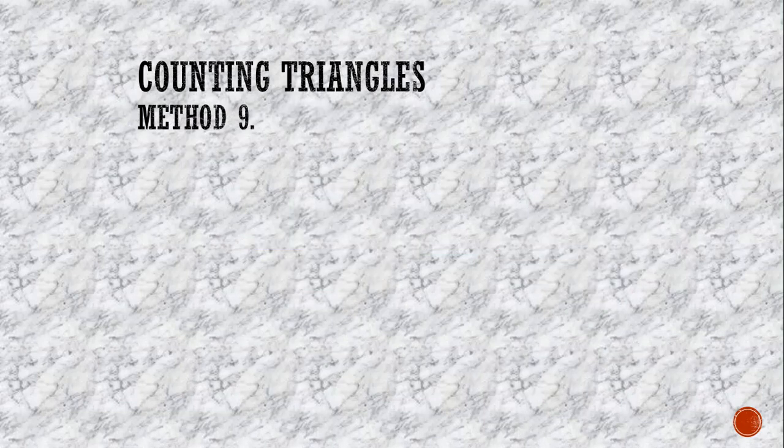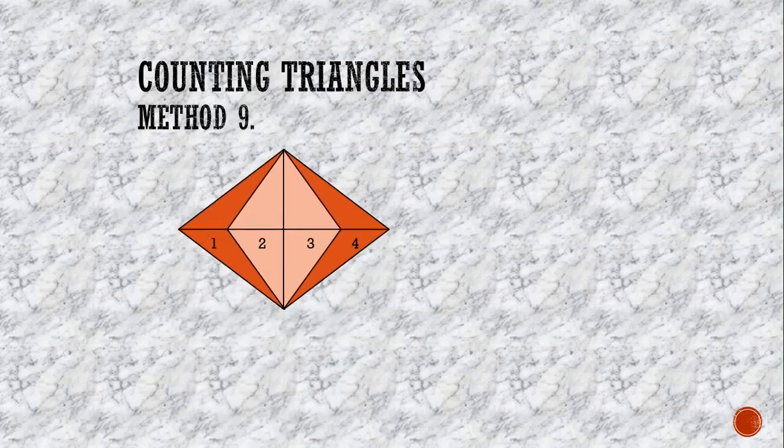Now we move to method 9. In this figure we have the same figure as the previous one but there is a slight difference. In the previous figure there was no triangle in between, but in this method we have a triangle between this triangle and this triangle. So now we solve it like the previous one.